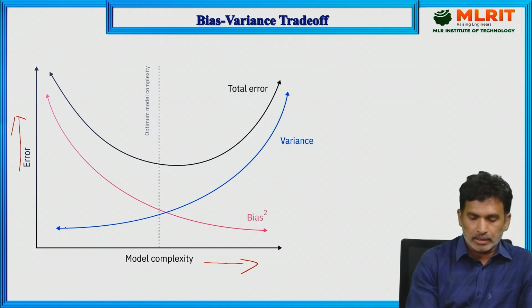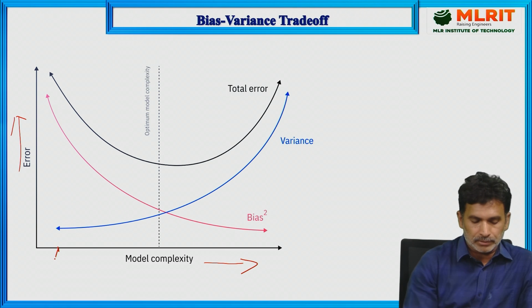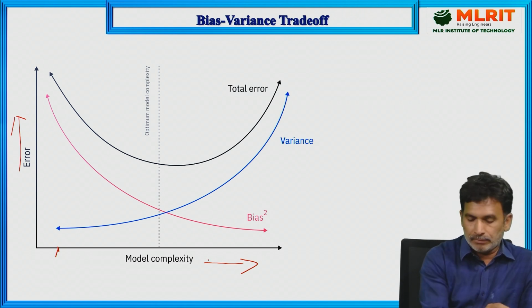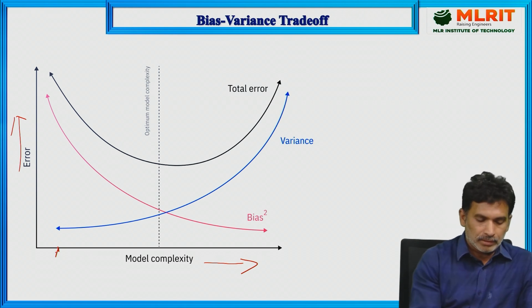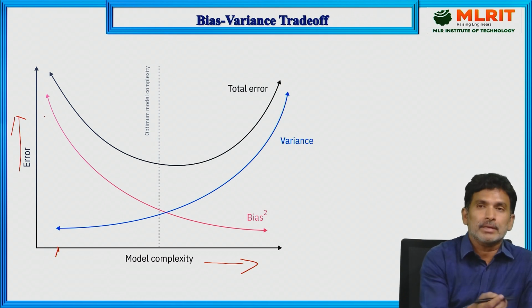The blue line represents the variance. The variance is low when the model is very simple, and it increases as the model complexity increases. Similarly for the bias: when the model is too simple, the bias is very high.